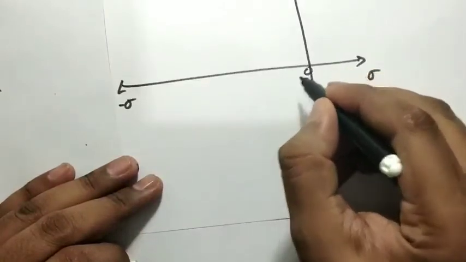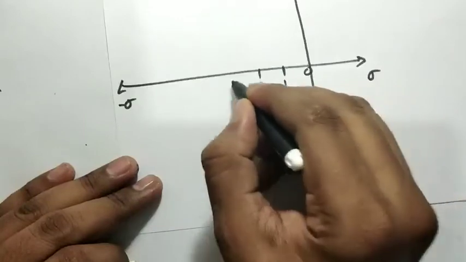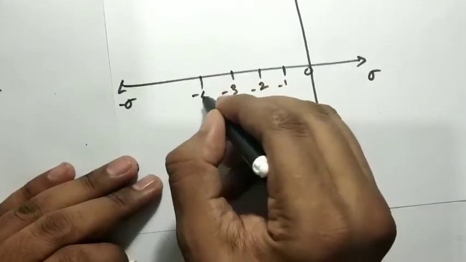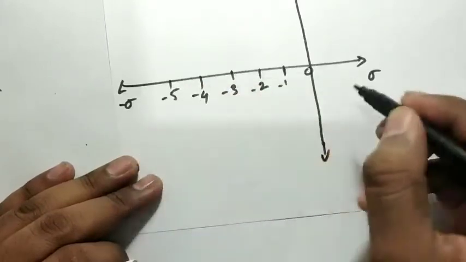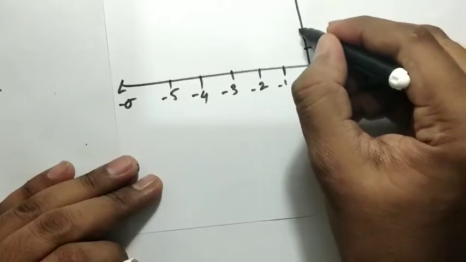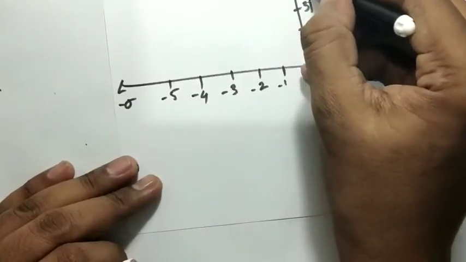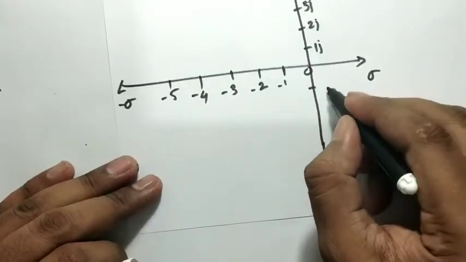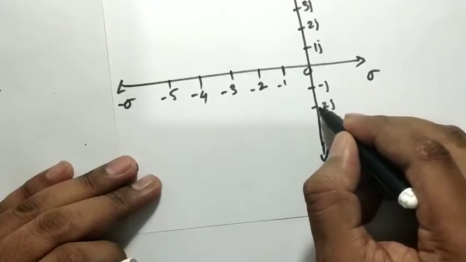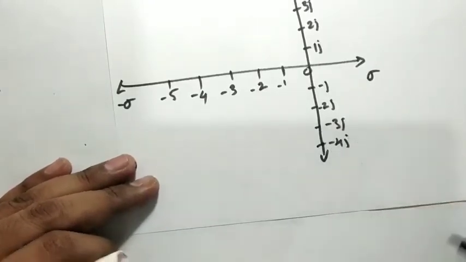We know that this is 0, 1, this is 2, and this is minus 4, this is minus 5, and this is plus 1j, 2j, 3j, and 4j, and here is minus j, minus 2j, minus 3j, minus 4j, right?